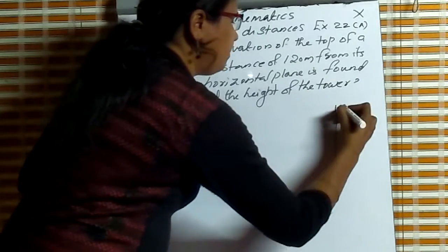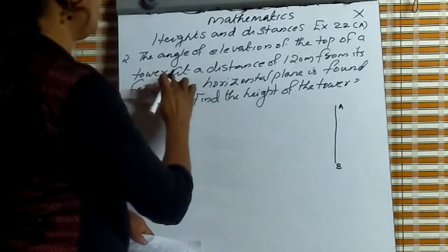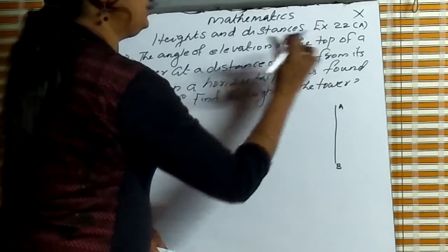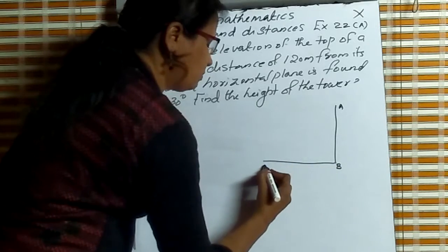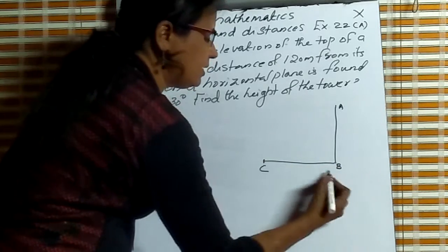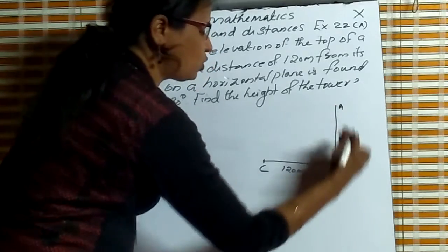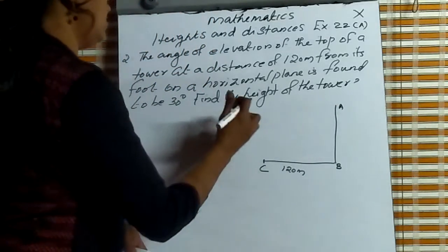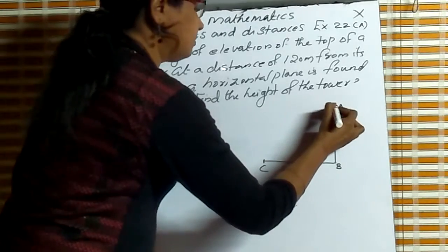Let AB be the tower. At a distance of 120 meter from its foot, a man is observing at this point C. C is 120 meter away from the foot of the tower. The angle of elevation is 30 degree.